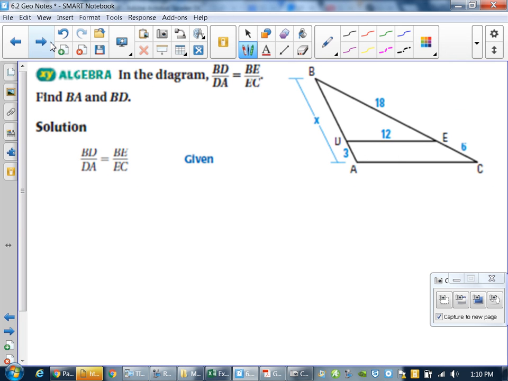Does it change when you get to having to use algebra? No. It's the next natural step within these problems. Again, you're going to be given some statement to work with. We know we have BD over DA, BE over EC. It tells you that. Sorry, that diagram didn't show up as clearly as I thought.